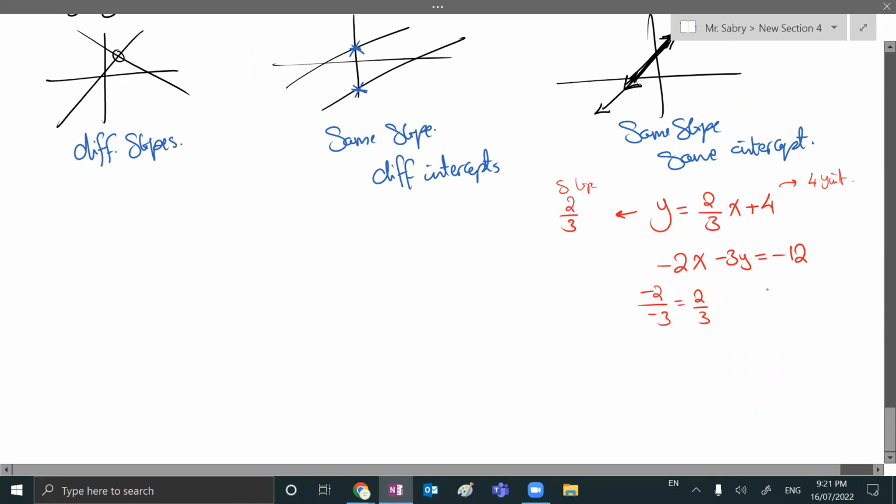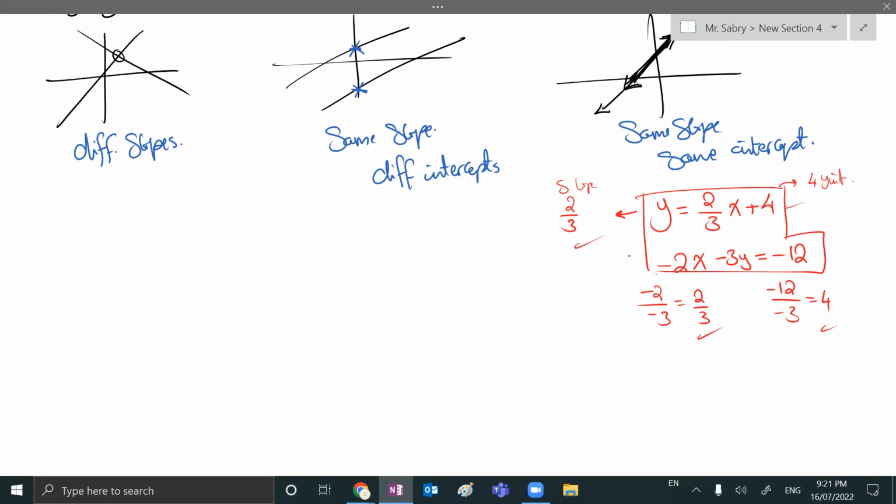And the y-intercept, it's negative 12/3, which is positive 4. So these have the same slope and the same intercept. So this system has infinite solutions. Does that answer your question? Perfect.